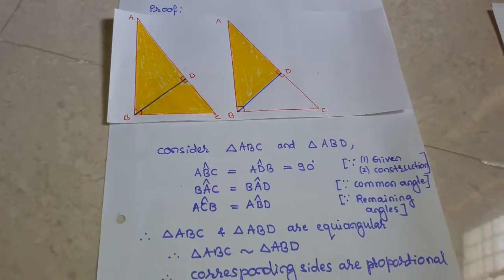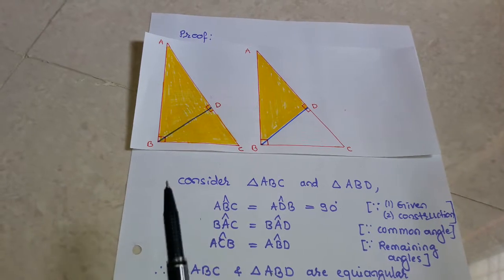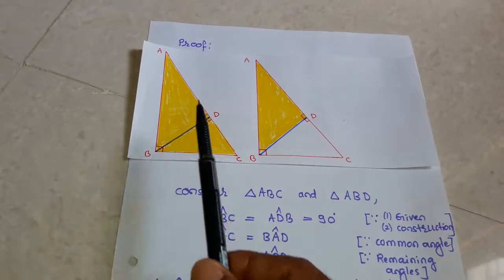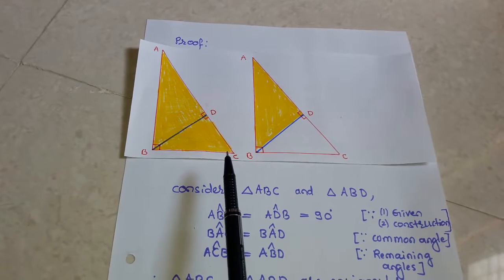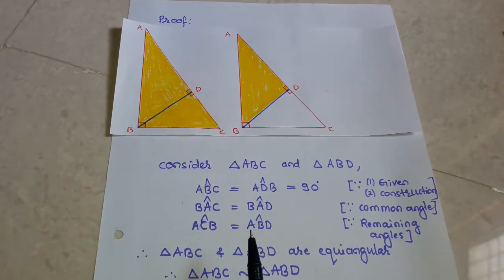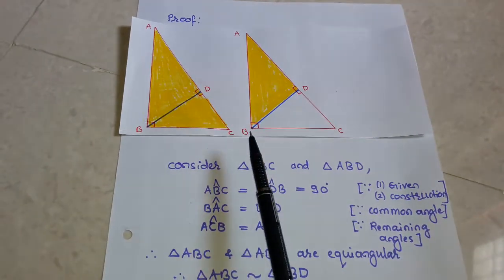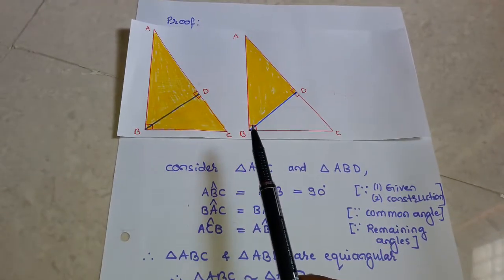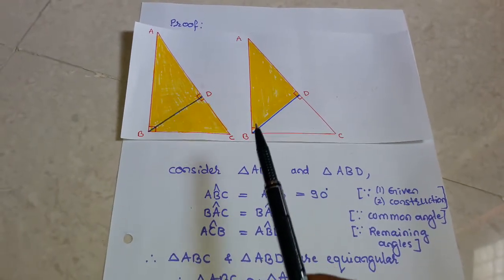Now it's time we move to the third pair. So it is angle ACB, angle ACB. See, we had not used this angle so far. And in the smaller triangle, angle ABD, angle ABD. See, this portion of the right angle goes into this triangle.